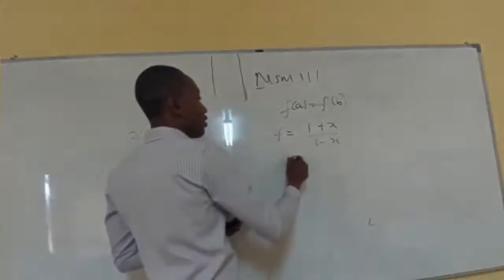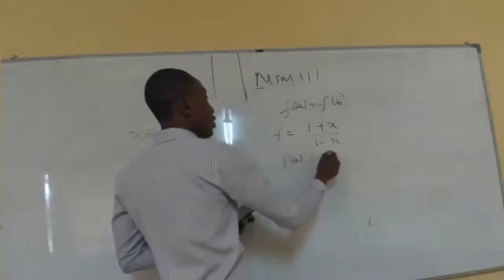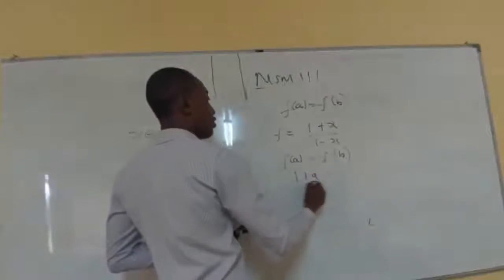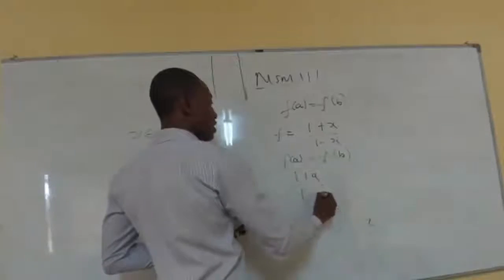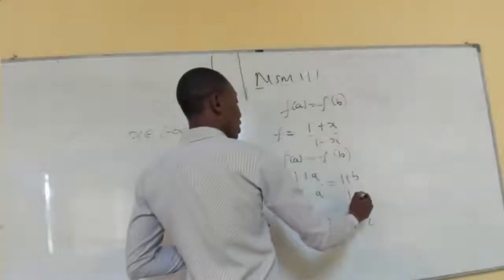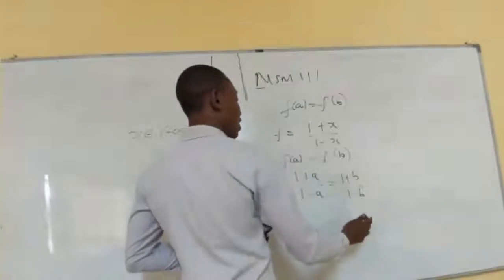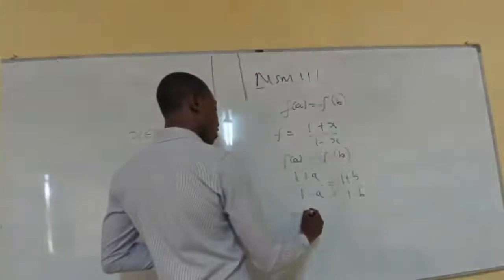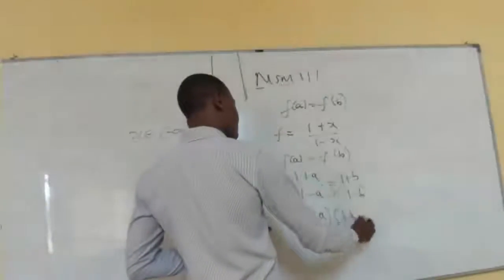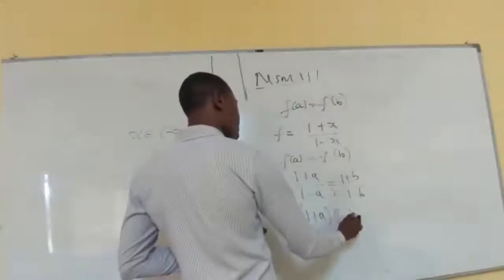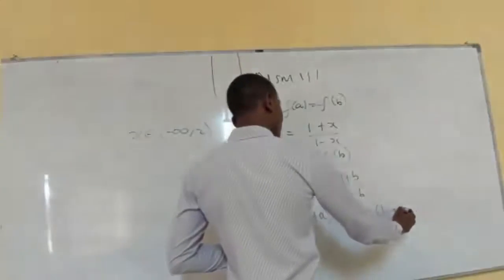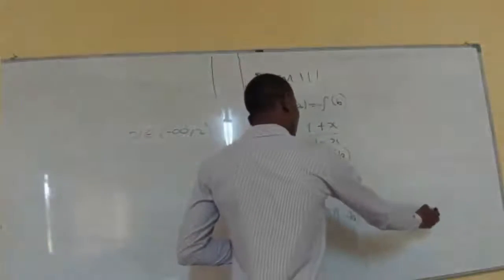So meaning f of a being equal to f of b, this implies that you have 1 plus a over 1 minus a equals 1 plus b over 1 minus b. If we cross multiply, you have 1 plus a multiplied by 1 minus b, equal to 1 minus a multiplied by 1 plus b.